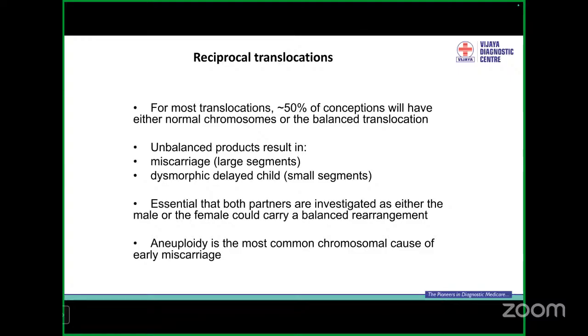So it is essential to evaluate both partners before proceeding with any of the fertility options. Also, if they have a strong history of recurrent miscarriages or bad obstetric history, this is the first line of testing which has to be considered.